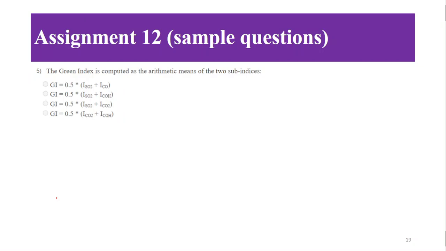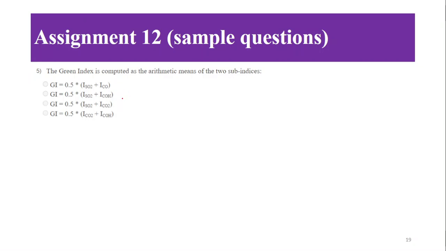Next question. The green index is computed as the arithmetic means of two subindices. So what are the two subindices? Here we are given the first option, it is SO2 or carbon monoxide. The second option is SO2 or coefficient of haze. The third option is SO2 and carbon dioxide. The fourth option is carbon dioxide and coefficient of haze. So which one of the formula here is correct for the green index?